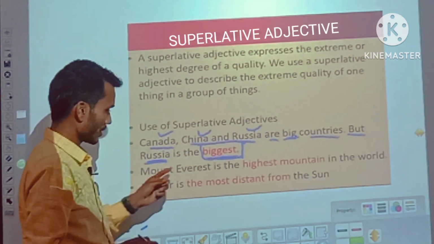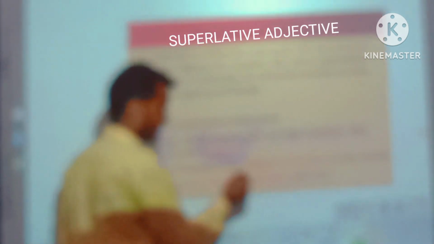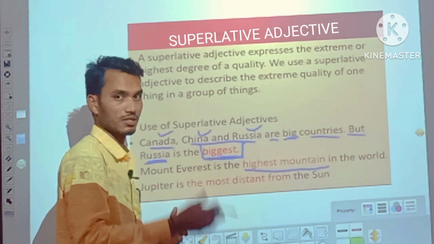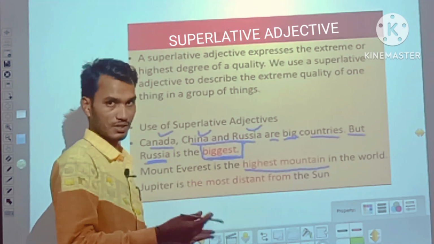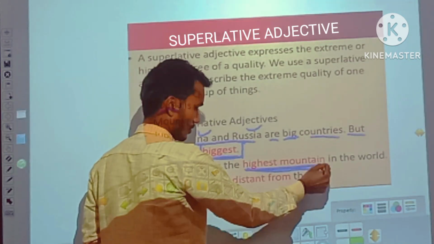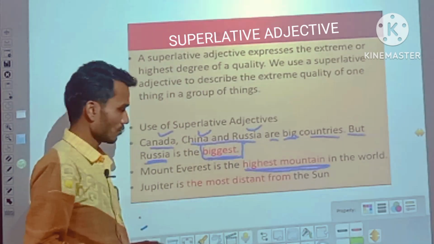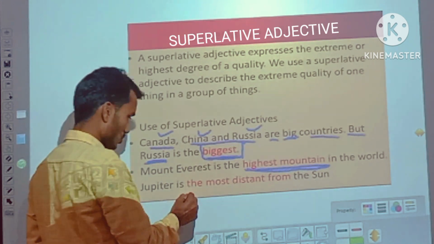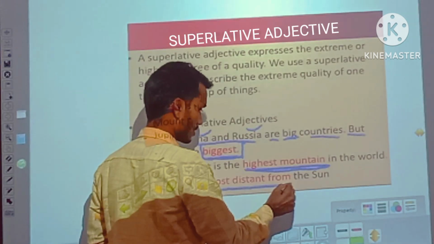Then, Mount Everest is the highest mountain in the world. Here highest, biggest, smallest, wisest are superlative adjectives. Then, Jupiter is the most distant from the Sun.